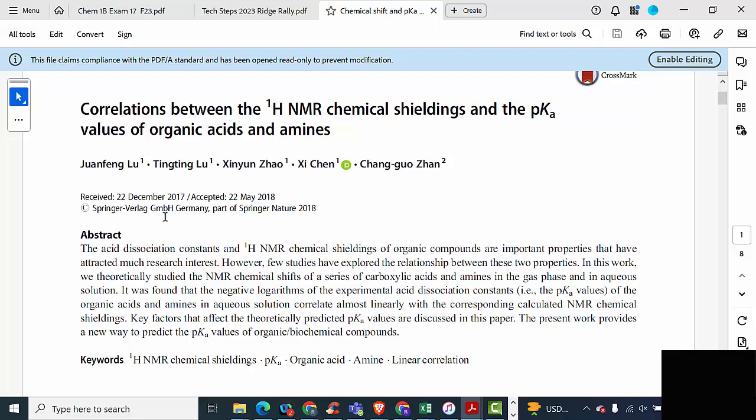So this is published by Springer Nature, 2018. What they're trying to do is correlate the chemical shielding with the pKa, which makes sense because chemical shielding is correlated with polarity.